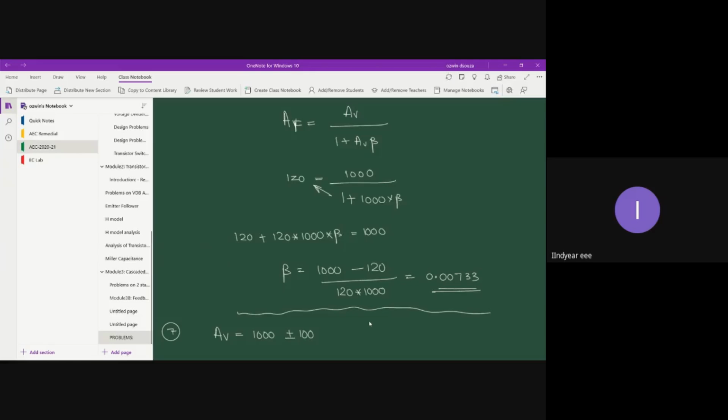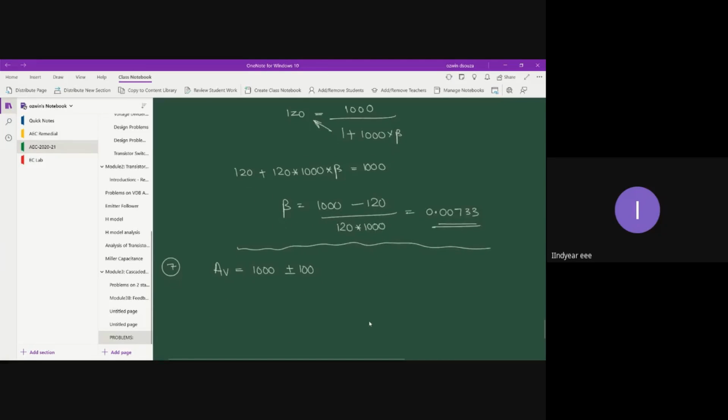It is necessary to have an amplifier whose voltage gain varies not more than plus or minus 0.1%.